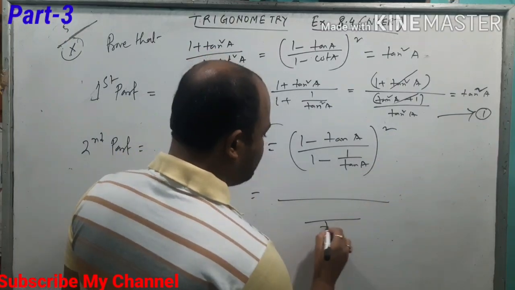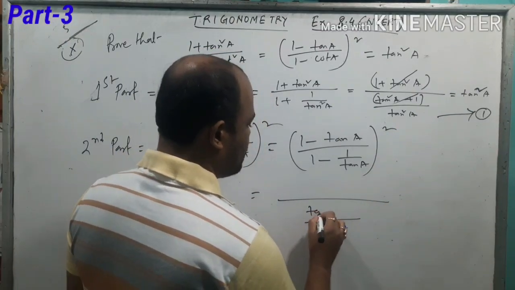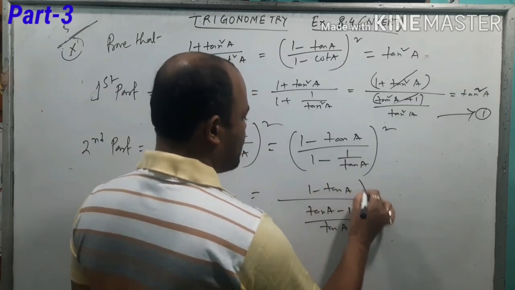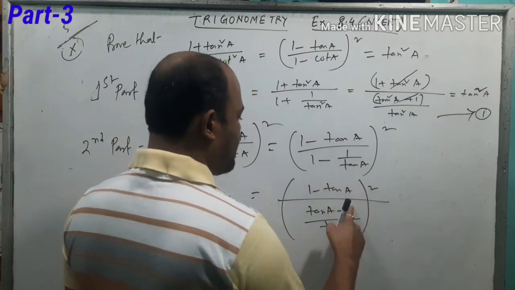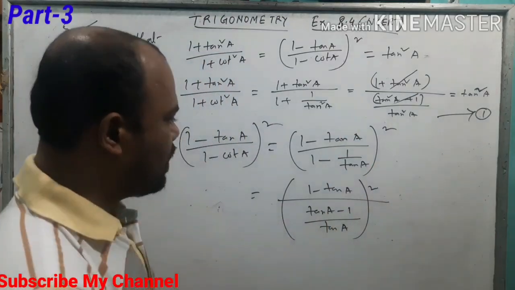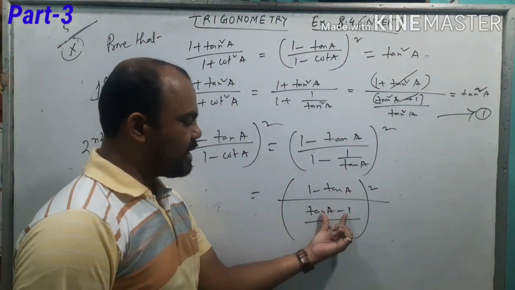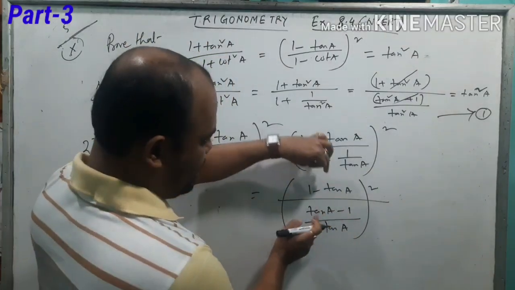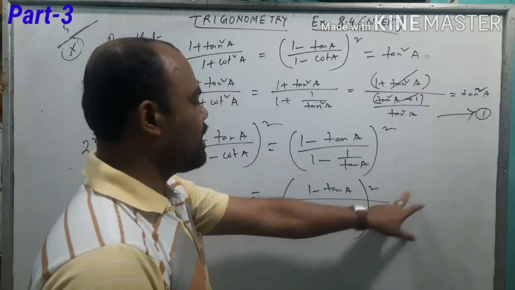Here take the LCM, tan a, it will be tan a minus 1 by tan a, and the numerator is 1 minus tan a, whole square. Here is a problem. See, one term is 1 minus tan a and here it is tan a minus 1. So what can we do? It is clear that if we can cancel these two terms, then we get tan square a.